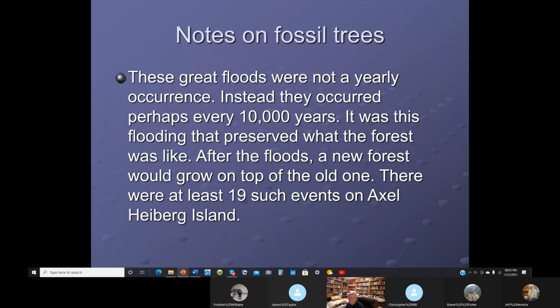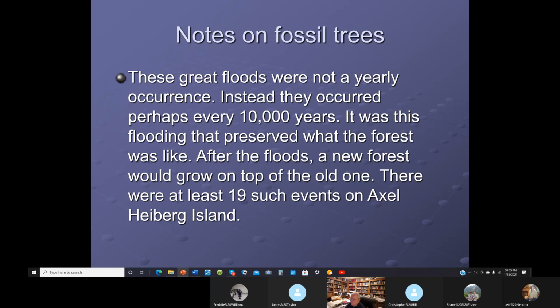These great floods, now they're talking about the floods that caused this, were not a yearly occurrence. Instead, they occurred perhaps every 10,000 years, okay? So here's something that occurs on a 10,000-year cycle. It was this flooding that preserved what the forest was like, the 100-foot tall trees and so forth, and the leaves, and the cypress needles.